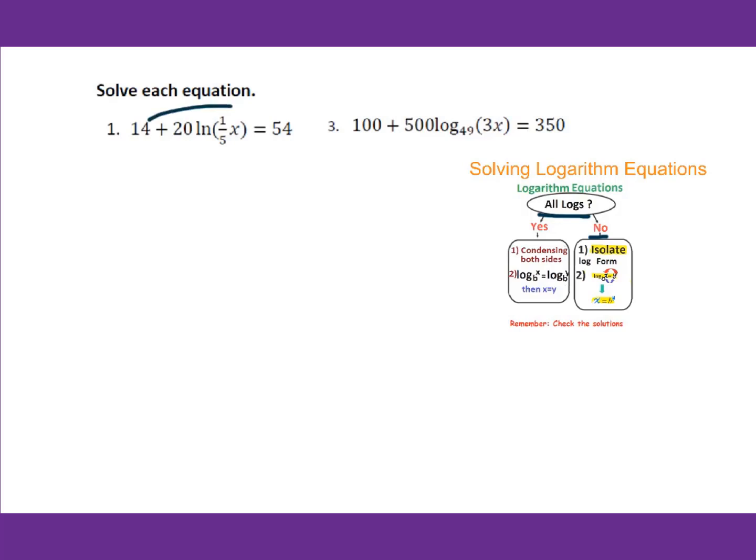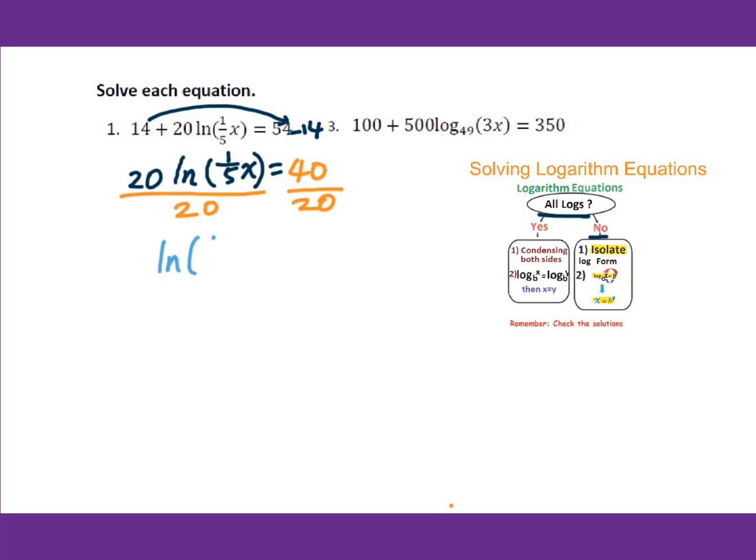You will get minus 14 on both sides. 20 natural log of 1 over 5x equals 40. Then you divide by 20 on both sides, so you get the natural log of 1 over 5x equals 2.